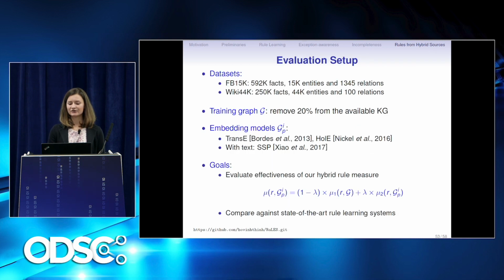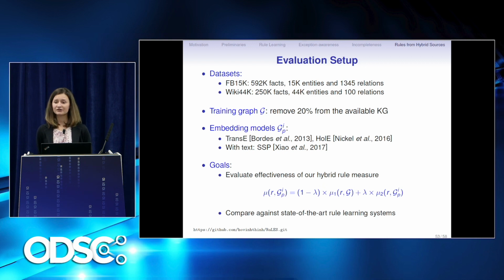Right. So we have actually evaluated this approach on Freebase, which stores around 600,000 facts, over 15,000 entities, and roughly 1,500 relations, and also on a Wikidata dataset with around 250,000 facts. For the training graph, we removed 20% of the data from the available graph, and then essentially exploited various embeddings.